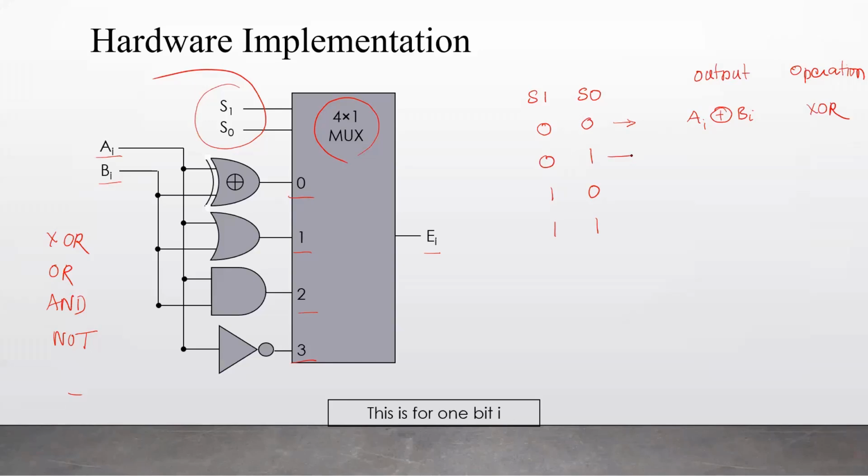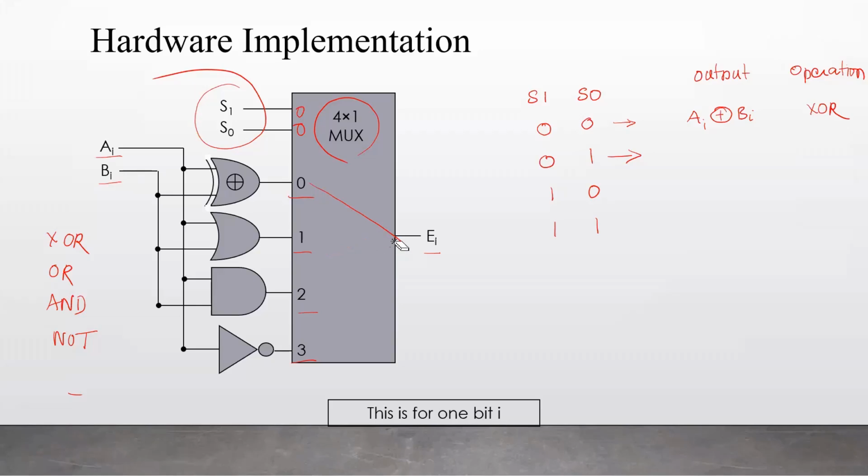And the next case, when it is 0 and 1, the input gets selected. The first case is XOR: when S1 and S0 are 0 0, this input will get directed as output. So whatever the value of AI and BI, the corresponding XOR output we get from the multiplexer.